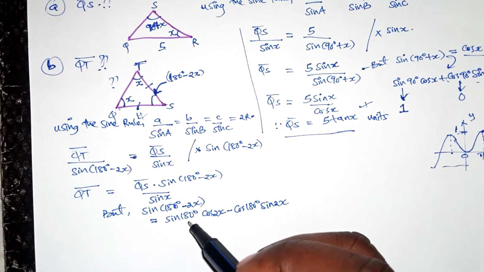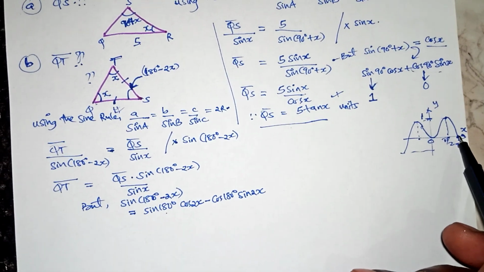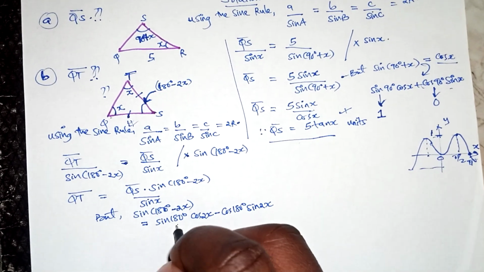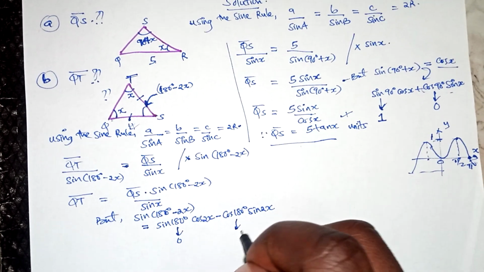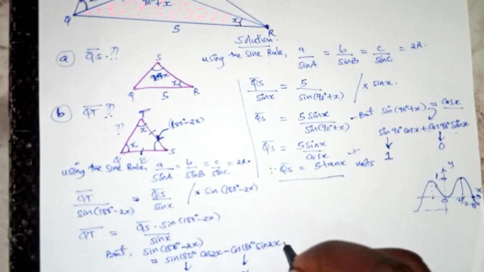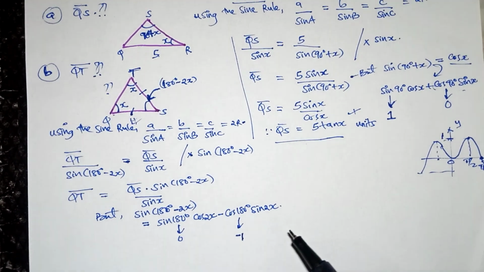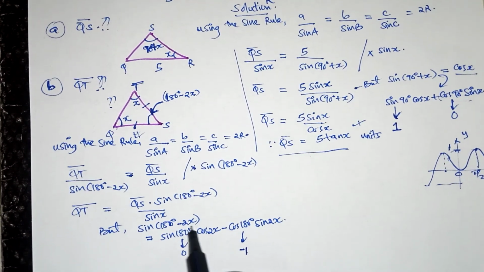Guys, I told you, sine 180 is here. That's 180, 0. This is 0. This is -1. I've not drawn the one for cos. So that is that. So this entire term dies out.